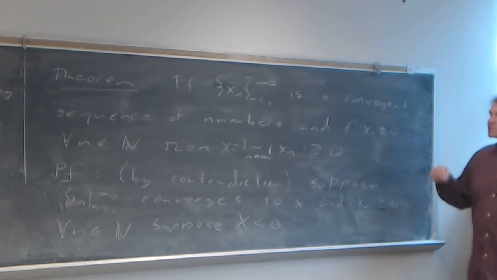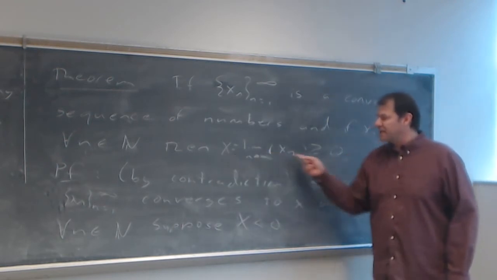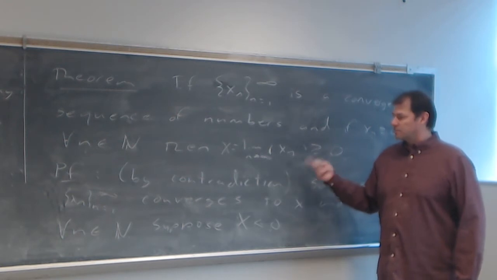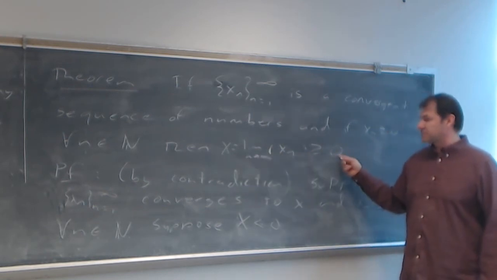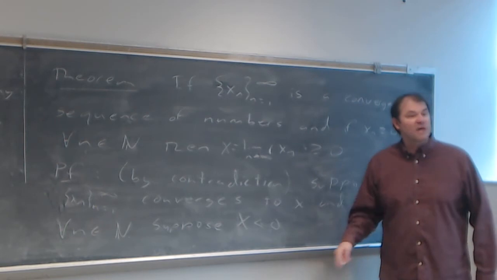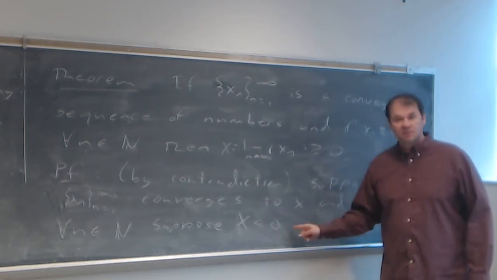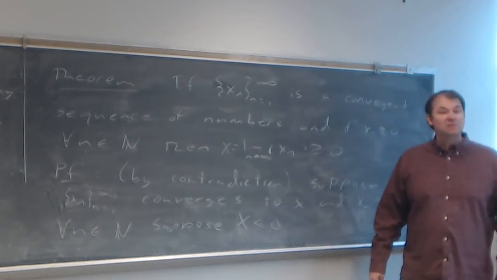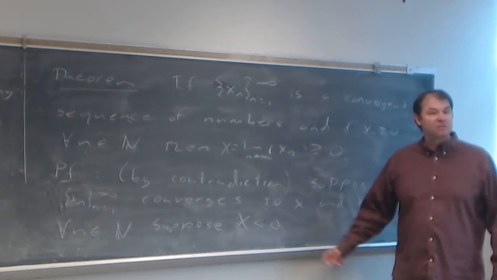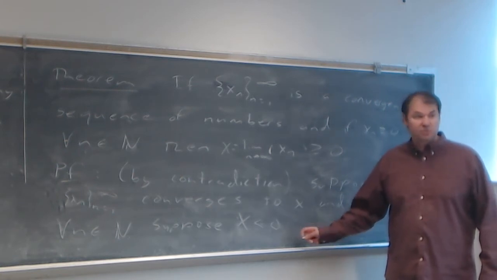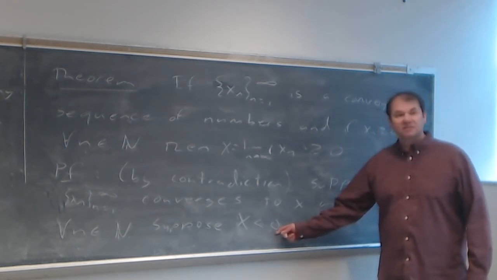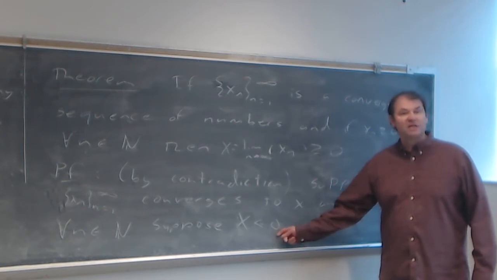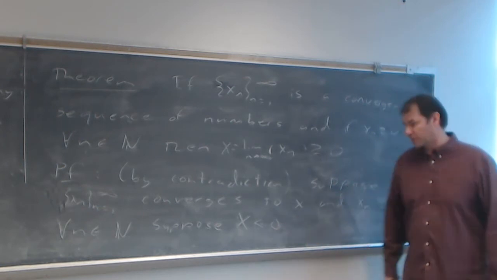To prove something by contradiction, we assume the opposite of what we want to show. Here, we want to show that x has to be greater than or equal to 0. What it converges to has to be greater than or equal to 0. Suppose the opposite. Suppose x is less than 0. And then we're working with that supposition in hopes of getting a contradiction. The only thing we've assumed that we're not supposed to have any control over is that x is less than 0. So if we get a contradiction, this was wrong.